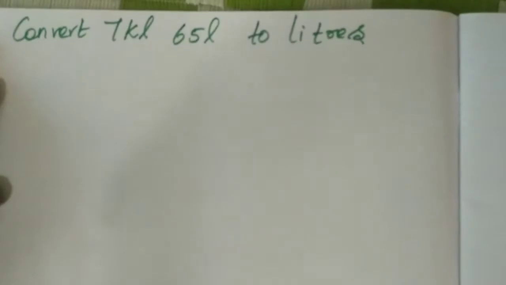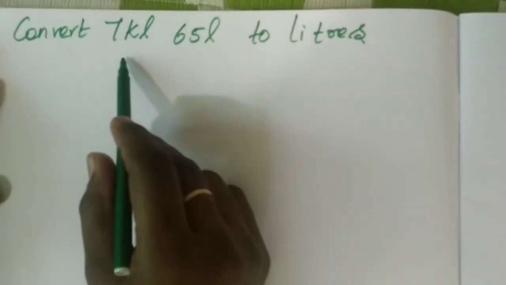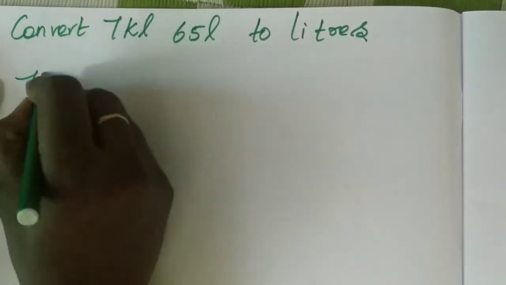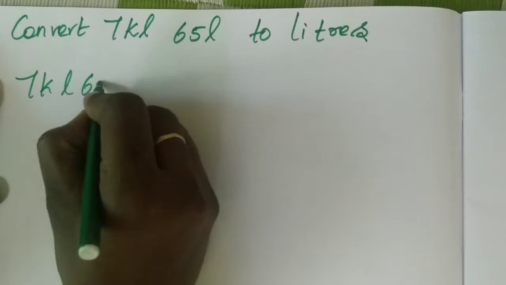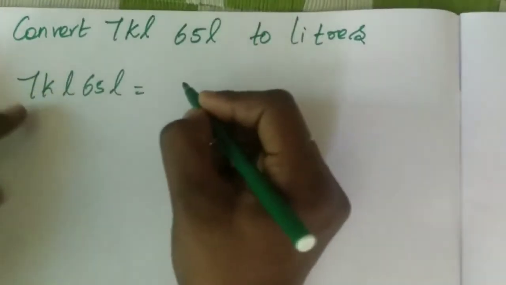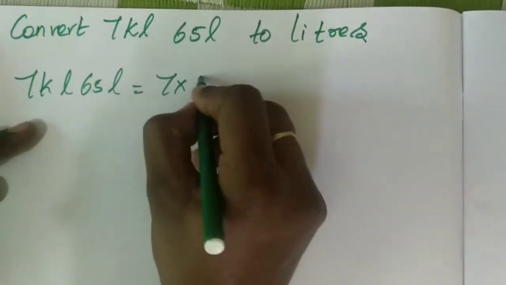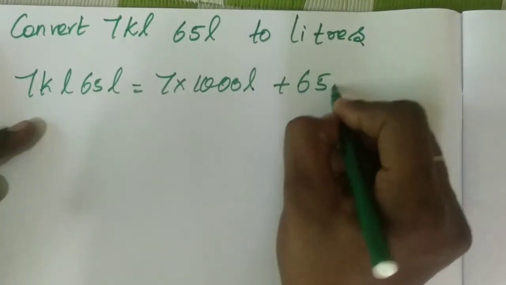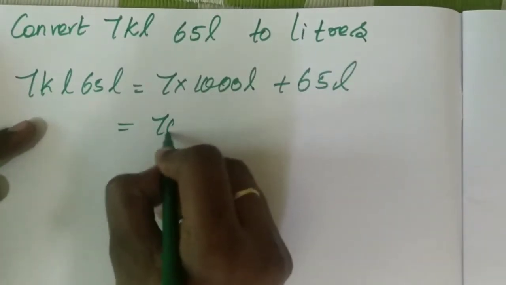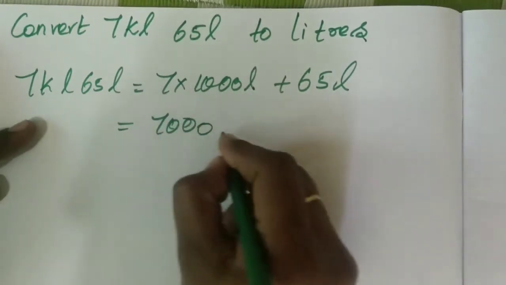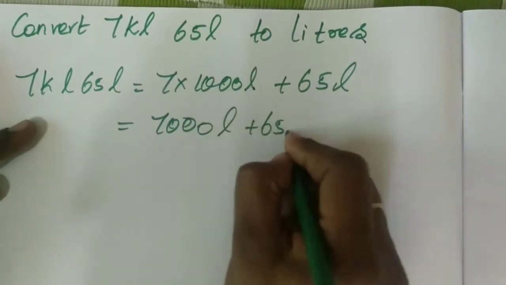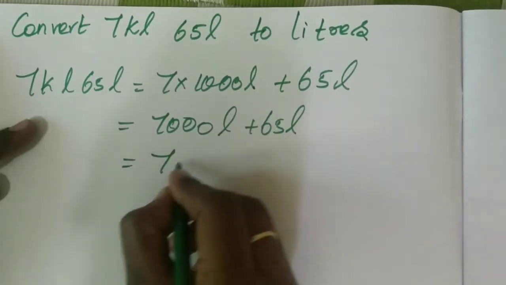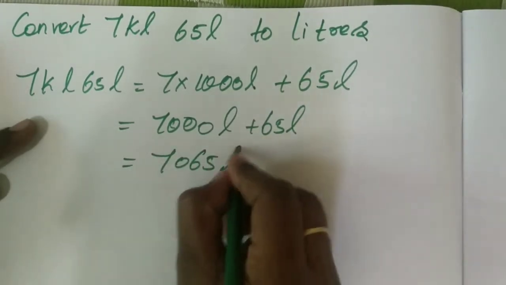See our next question: convert 7 kiloliter 65 liter to liter. As usual, 7 kiloliter 65 liter is equal to 7 into 1000 liter plus 65 liter. 7 into 1000 gives you 7000 liter plus 65 liter, that's equal to 7065 liter.